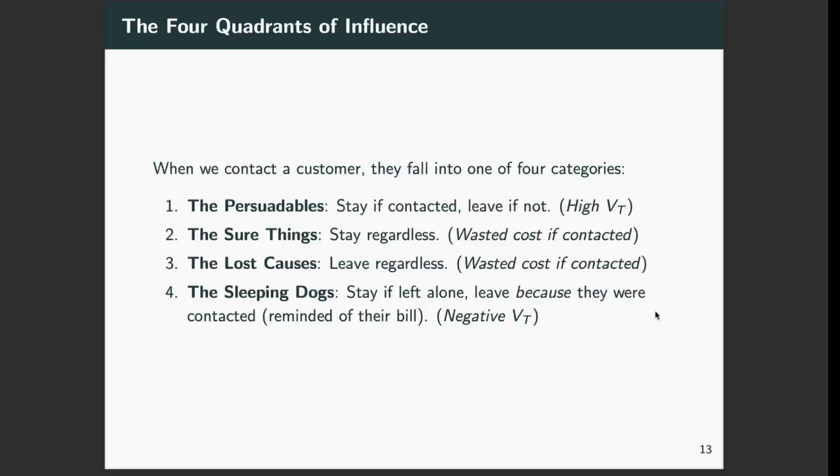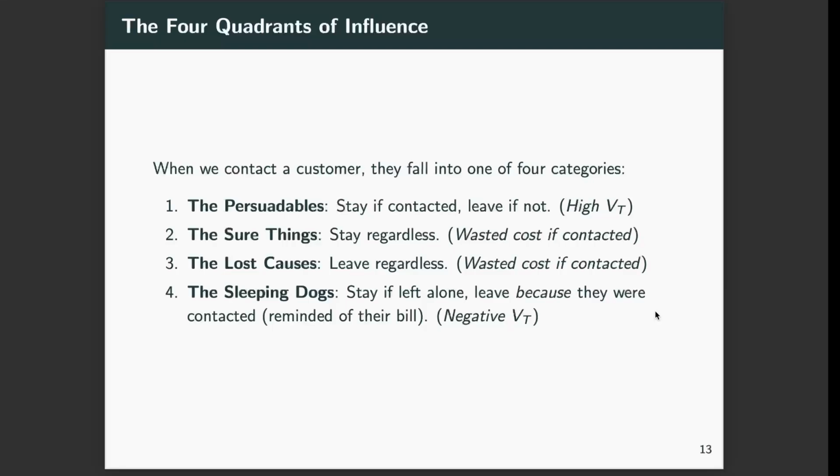The fourth category is perhaps the most counterintuitive, and it is one of the most important insights in all of marketing analytics. These are the sleeping dogs. These are customers who will stay if we leave them alone, but who will actually leave because we contacted them. How is this possible? Think about it. Sometimes a marketing contact reminds a customer of something they were subconsciously dissatisfied with.